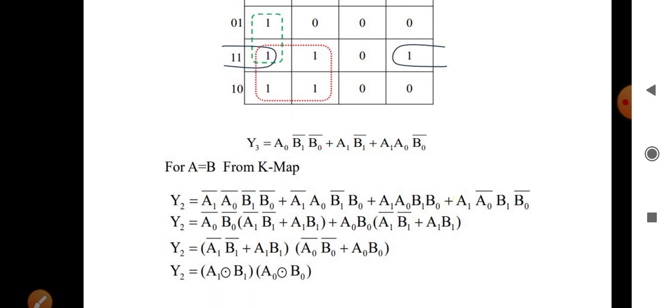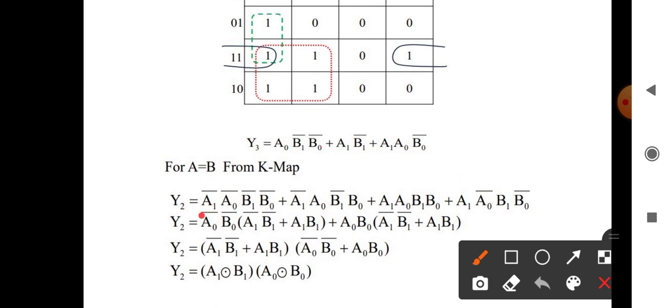Next, for a equal to b, we can represent it in terms of NOR gate. How? You just write down like this: a1 complement a0 complement, b1 complement b0 complement, plus a1 complement a0, b1 complement b0, like this. There you take down a0 complement into b0 complement as common.